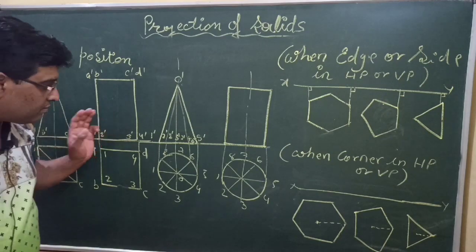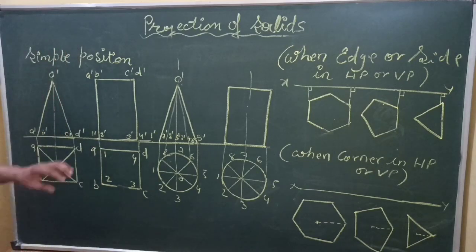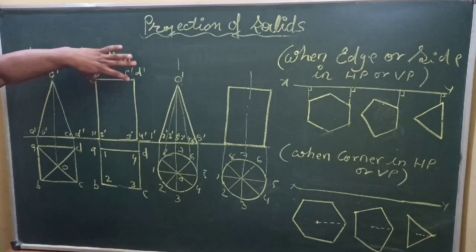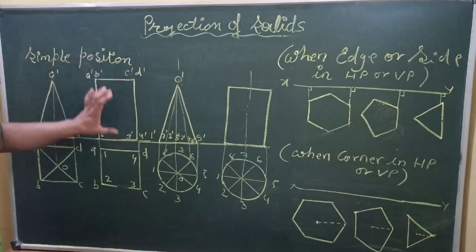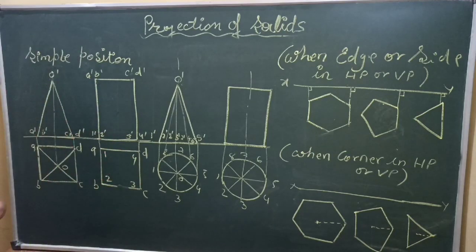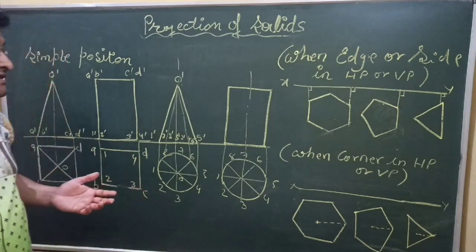When we talk about projections of the prism, the front view will be a rectangle equal to the length of the base and height of the prism, and there will be a top view as per the base of the prism.